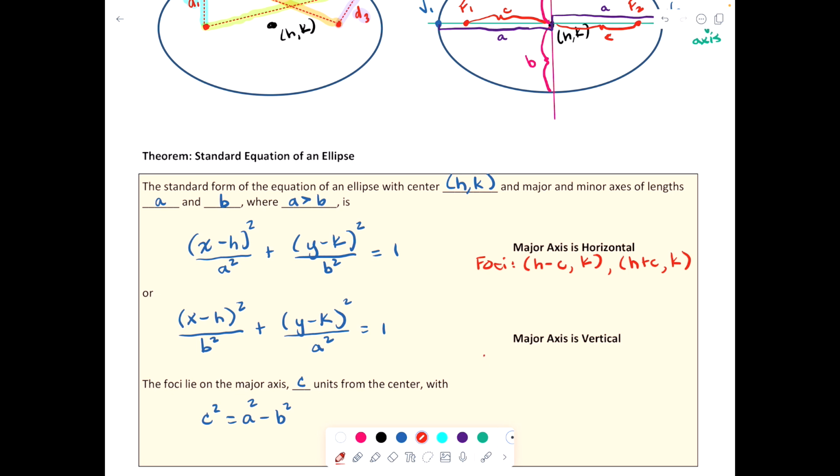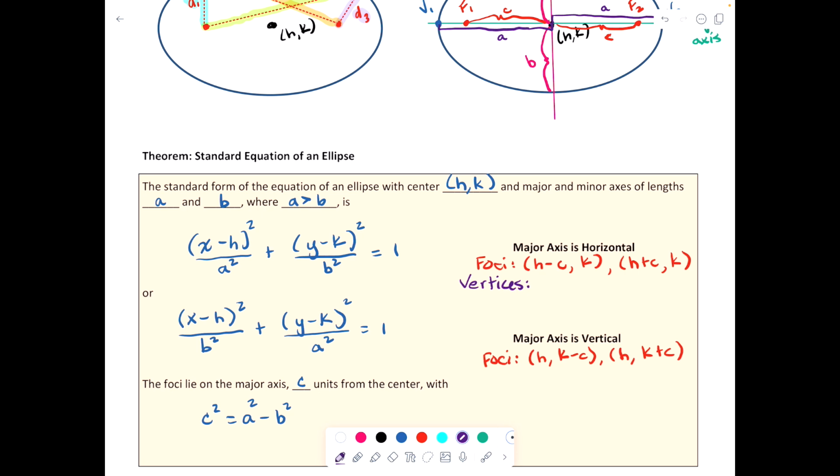When your major axis is vertical, it'll be a shift up and down. So you'll have your foci at h, comma, k minus c, and the other one at h, comma, k plus c. And then your vertices will be a away from the center.